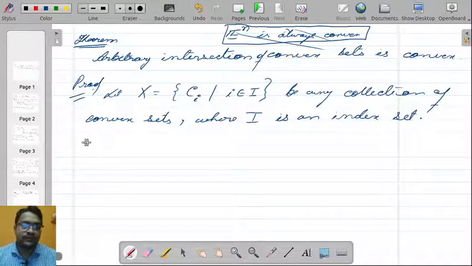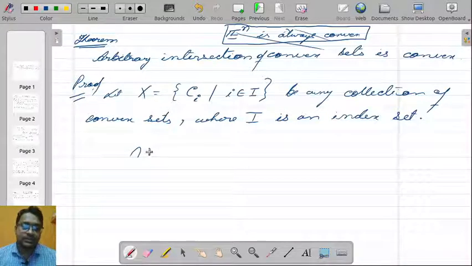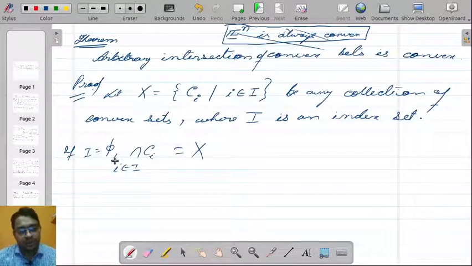So if I is an empty set, then the intersection is equal to X. That is, the intersection of Ci such that i belongs to capital I, if I is equal to phi, is nothing but the whole set X. But it's quite confusing because you have not taken any sets, so how does the intersection come out to be the whole set?